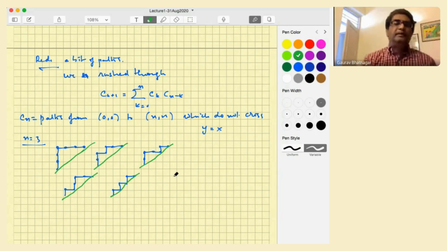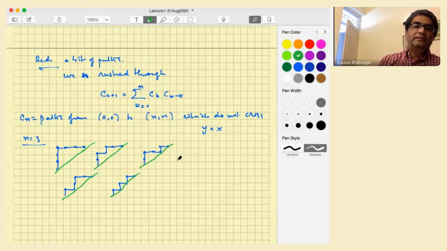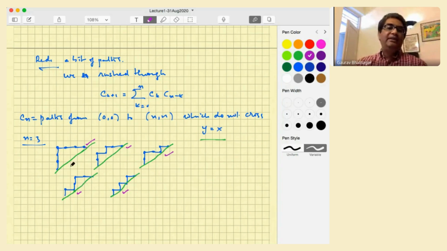Fine. So I want to isolate, figure out this chap, and the point is that if you take the first place going from bottom to top where it touches this line, these two guys touch here, and this guy touches here. So take the first place where it touches, and here it touches at (3,3).